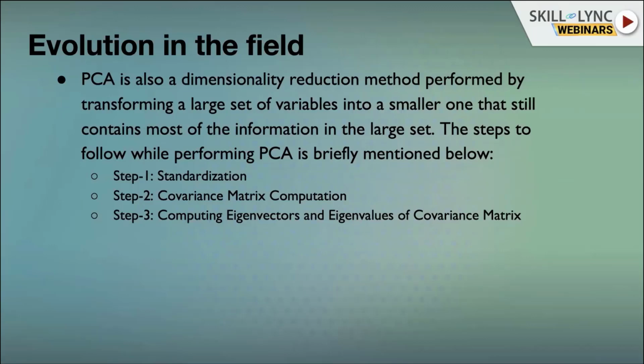P can be anything. P can be huge as well, like I said, a million. So the principal components of a collection of points in a real coordinate p-dimensional space are a sequence of p direction vectors. Now, principal component analysis is a process of computing principal components and using them to perform a change of basis on the data.